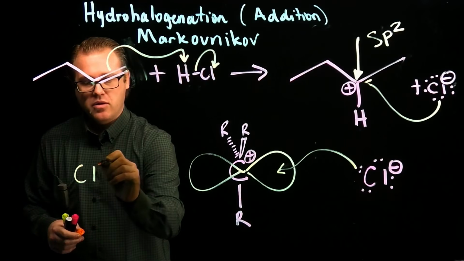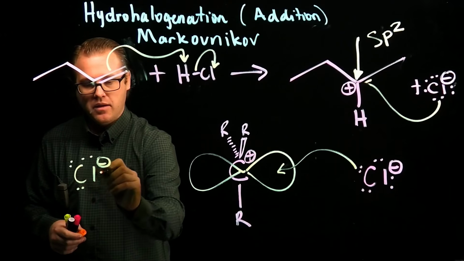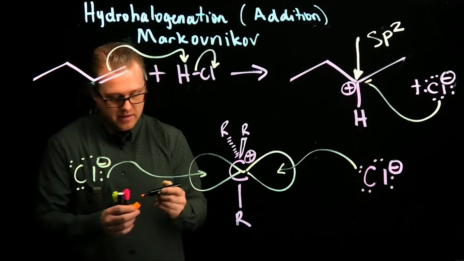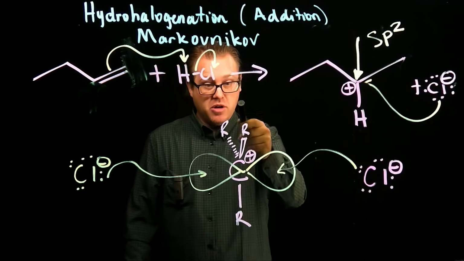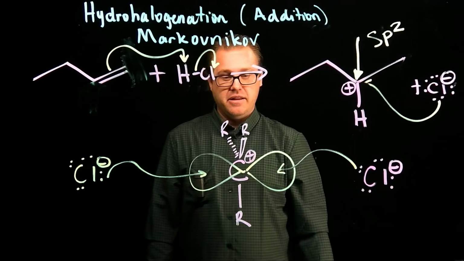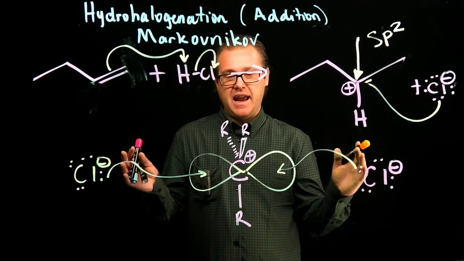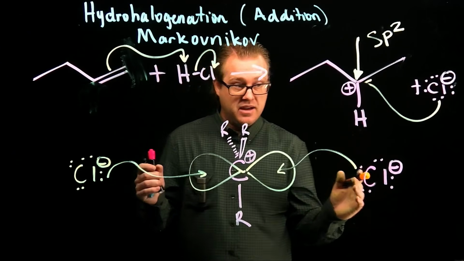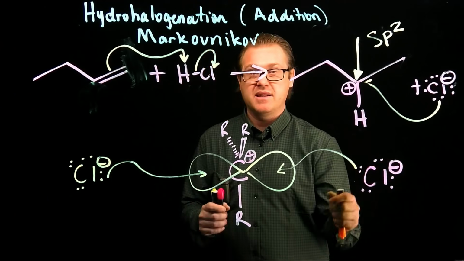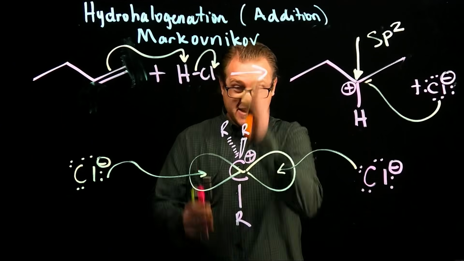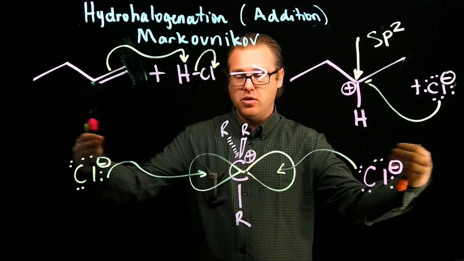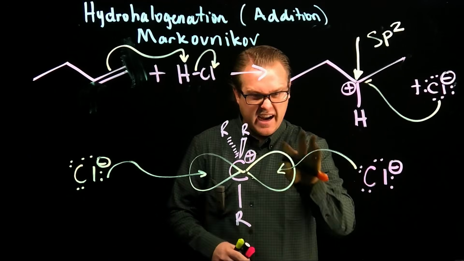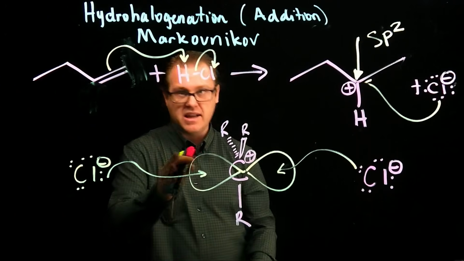So if we have another chloride here, it can attack from that side by equal probability because this molecule is completely flat. There's no sterics per se that is influencing the chloride to attack from the right side or the left side. Because it's planar and flat, these chlorides don't look at this side as favorable and this side not.